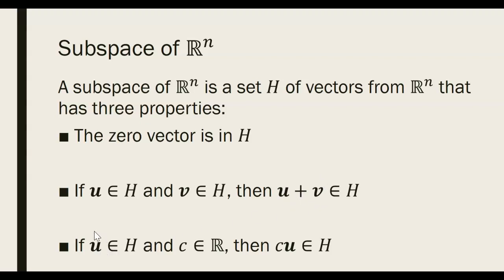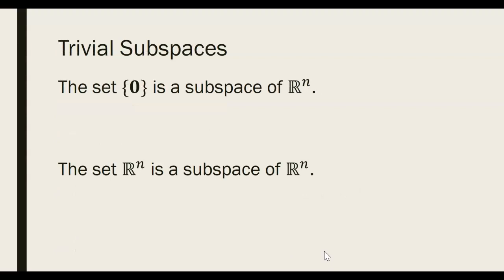If you take an n by 1 vector and multiply it times a scalar, you still get an n by 1 vector. So the entirety of Rn is technically a subspace of Rn. All right, these are called the trivial subspaces. This is like always the smallest possible subspace. This is always the biggest possible subspace of Rn.